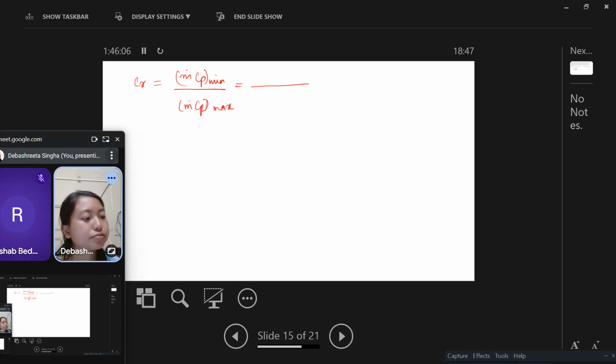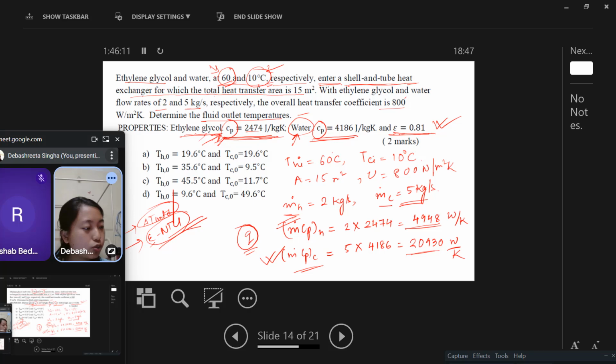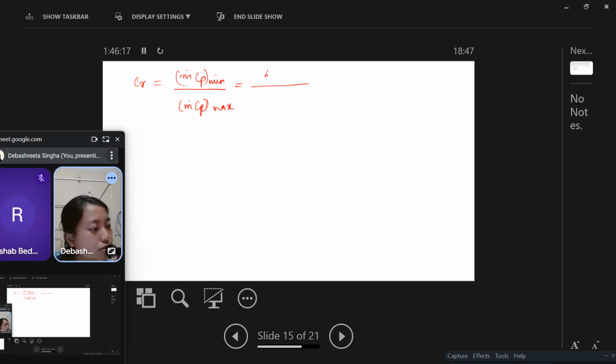You already found out which one is minimum and which one is maximum. This is the minimum, 4948, divided by 20930. This you get to be 0.236.